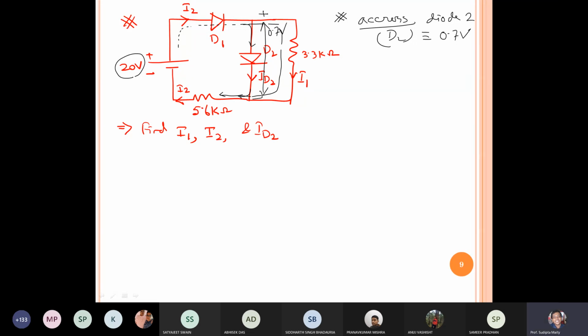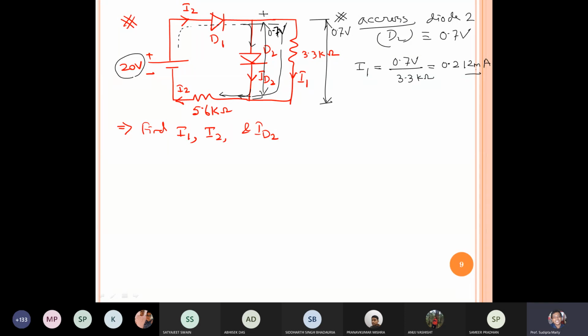So this voltage is 0.7 volt. So I1 equals 0.7 volt divided by 3.3 kilo ohm. That means what value will I get? 0.212 milliampere. So in this way we got I1.